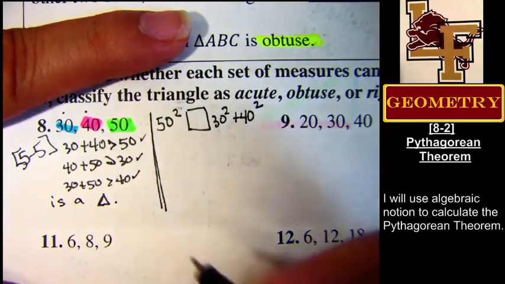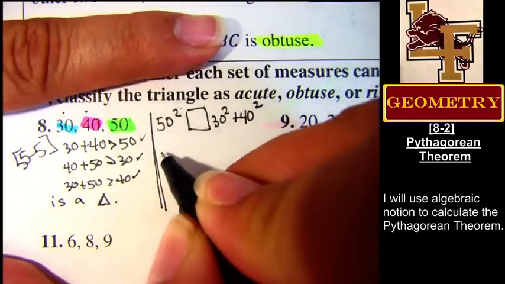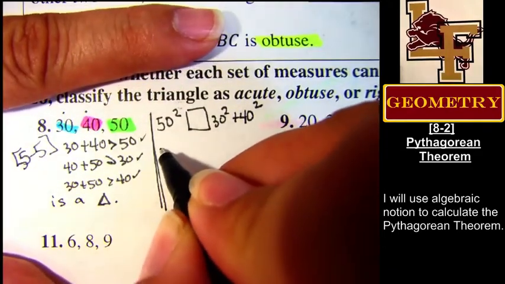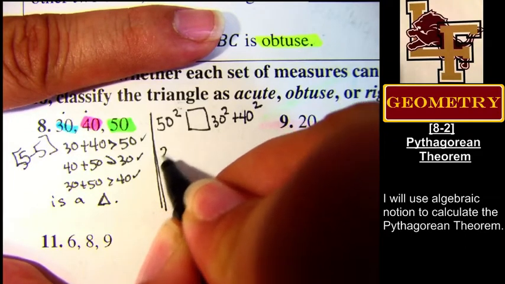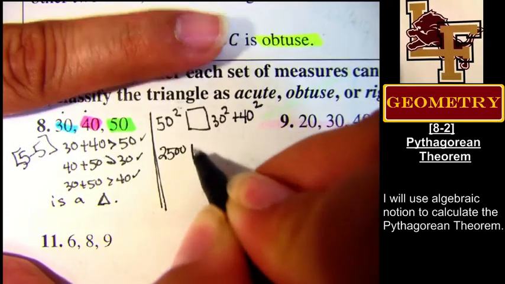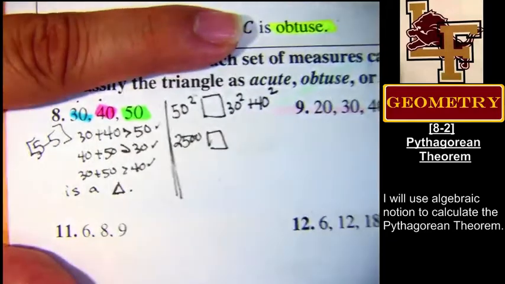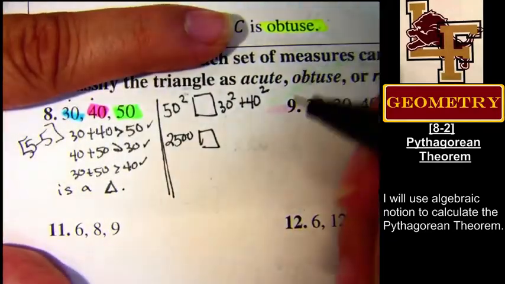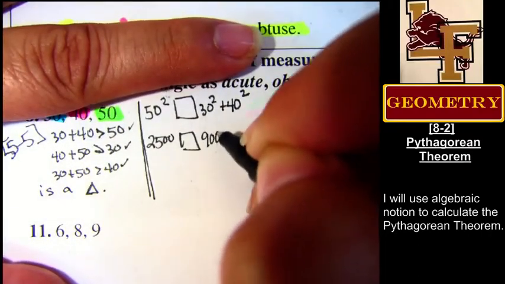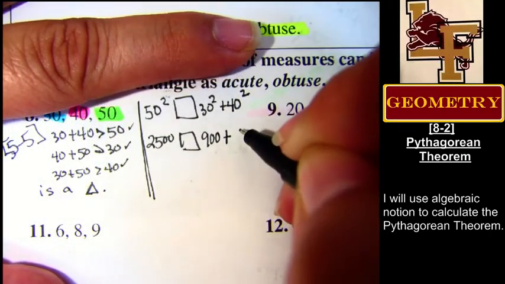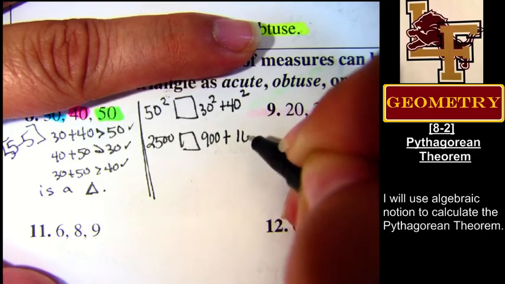I need 50 squared, please. Someone with a calculator. 2,500. And then I need someone else to give me 30 squared. 900. And I need someone else to give me 40 squared. 1,600.